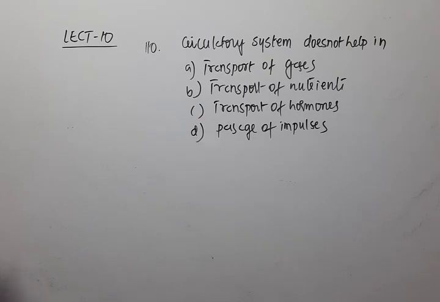Right, the next question is: the circulatory system does not help in. So in what way will the circulatory system not help? First option, transport of gases, then transport of nutrients, the third option, transport of hormones, and passage of impulses.